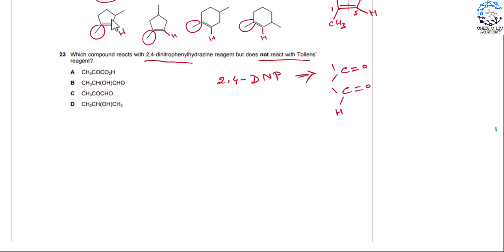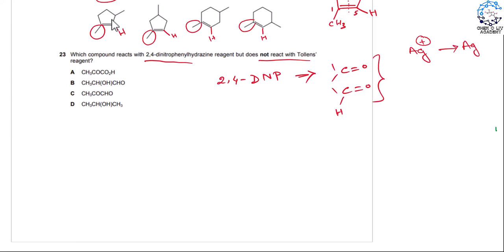So it is giving a positive test, which means definitely one of these two groups is there. But in the next step, it's saying it does not react with Tollens' reagent. What is Tollens' reagent? Tollens' reaction is the reaction with ammoniacal silver nitrate solution, Ag plus, which is going to form silver.